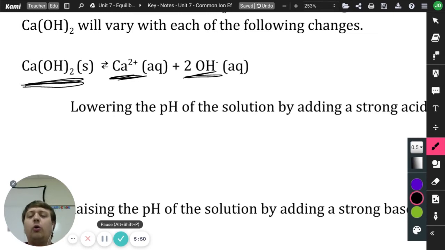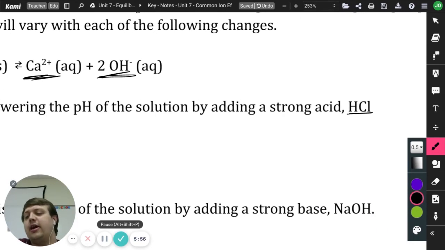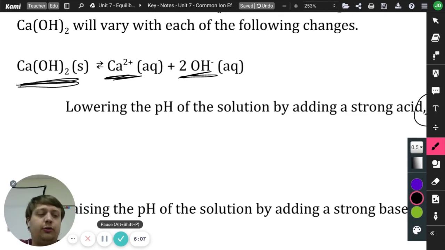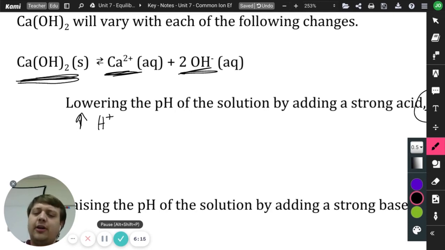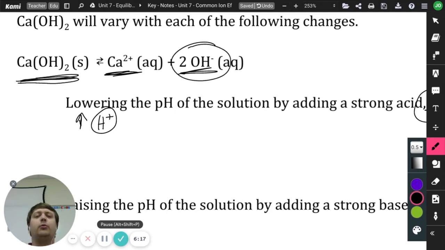So if I lower the pH of the solution by adding a strong acid, HCl, what is that going to do to my solubility? Well, think about what adding HCl actually adds to this reaction. It's going to increase the amount of hydrogen ions. Those hydrogen ions are going to react with our hydroxide ions and neutralize them.